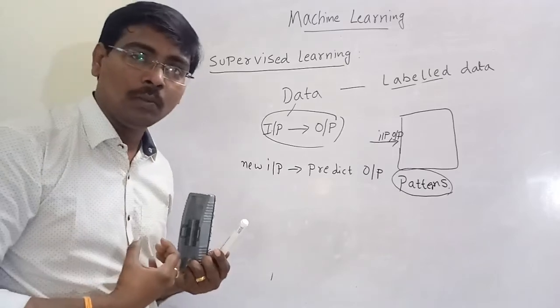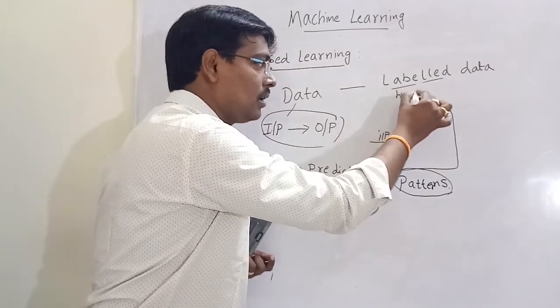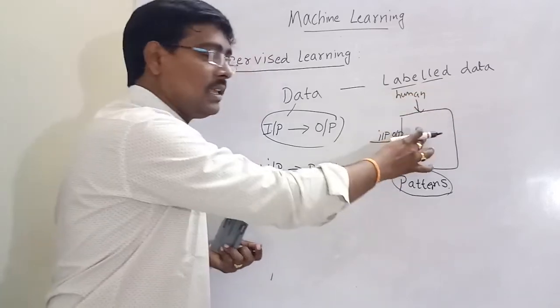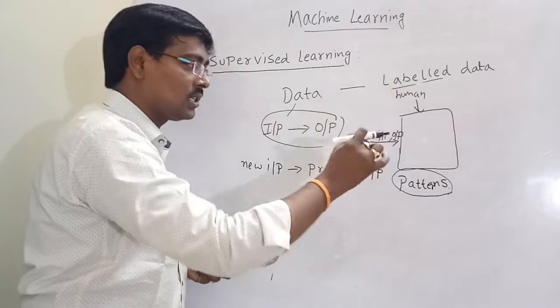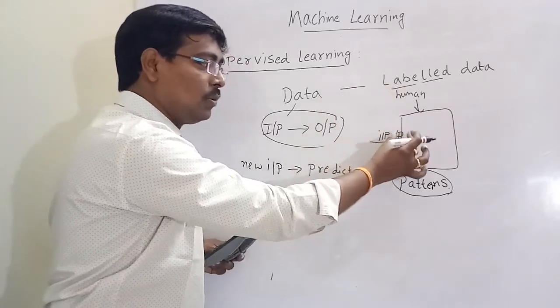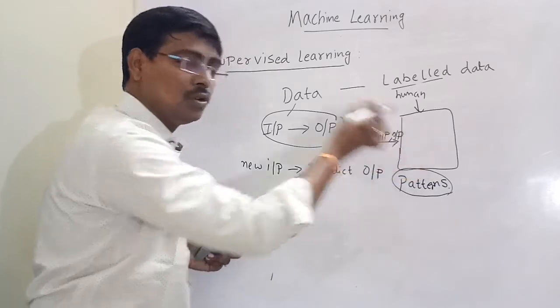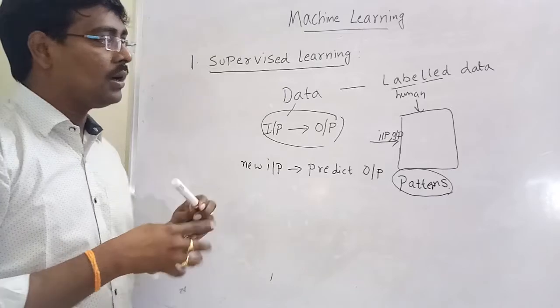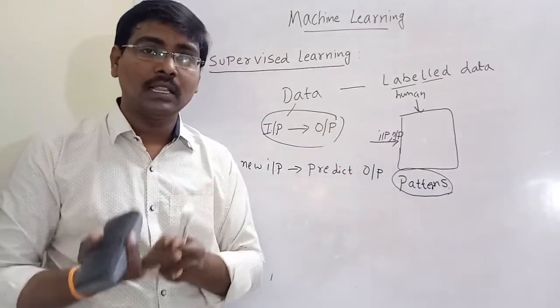Now what do humans do? Human experts train the computer so that if this type of input is given, the output should be of this type. Now the computer automatically learns the mapping function.